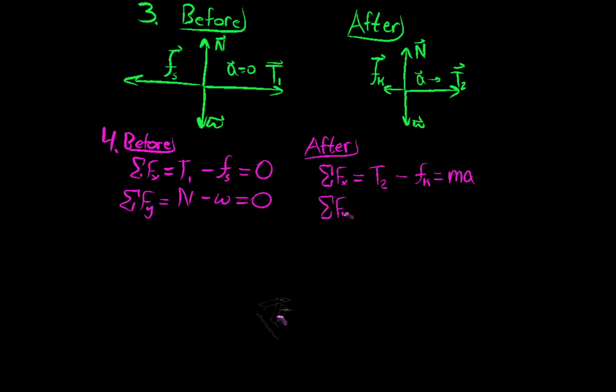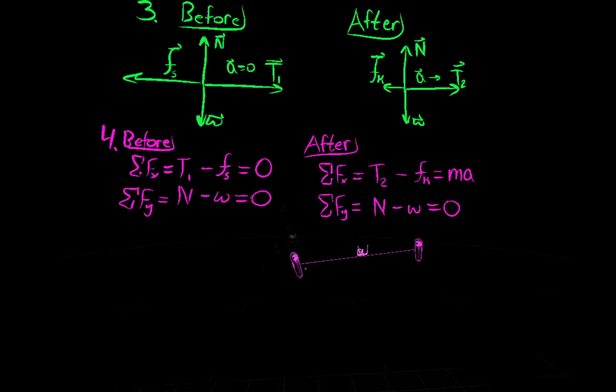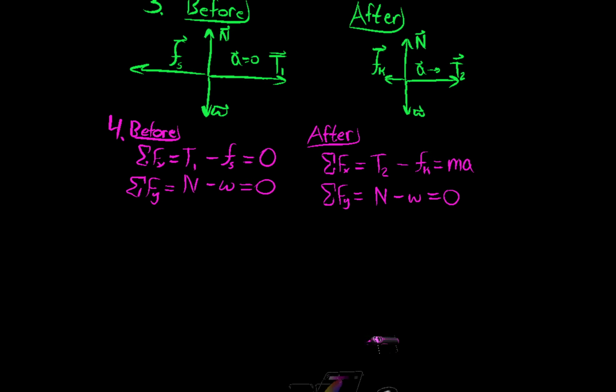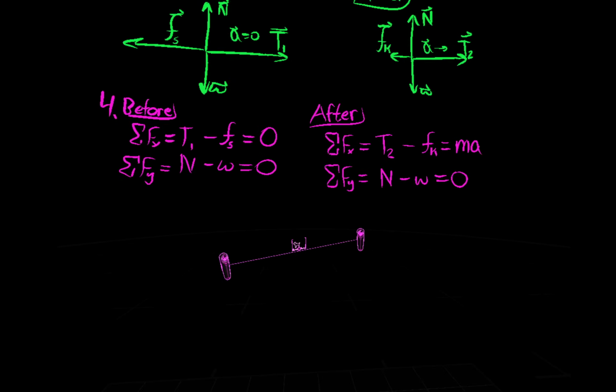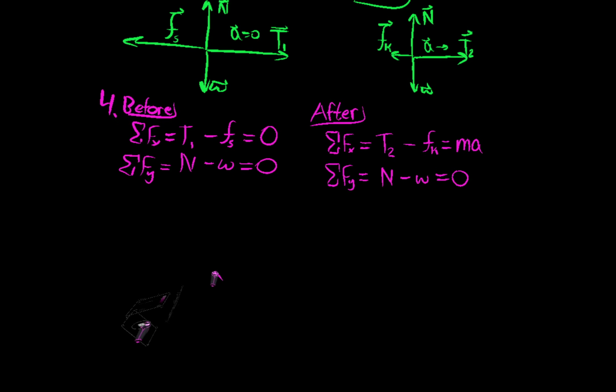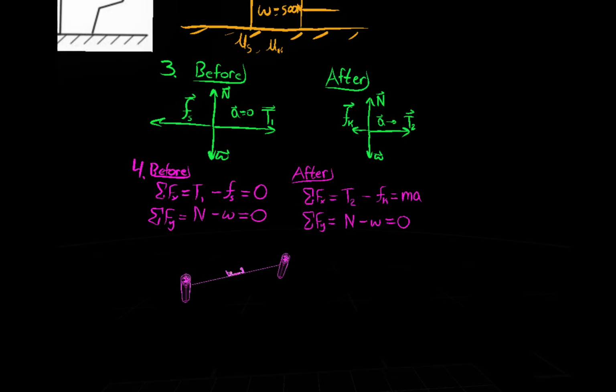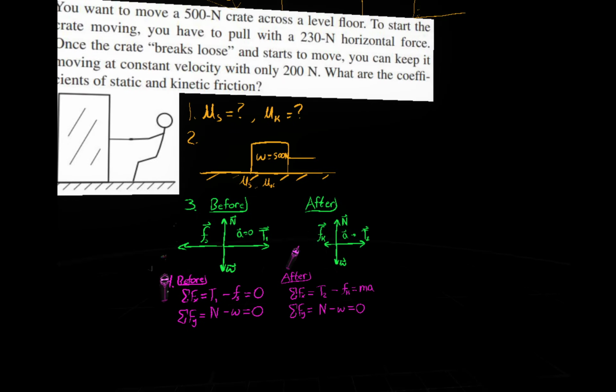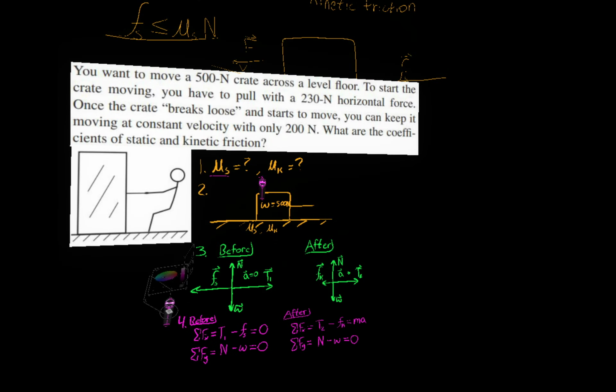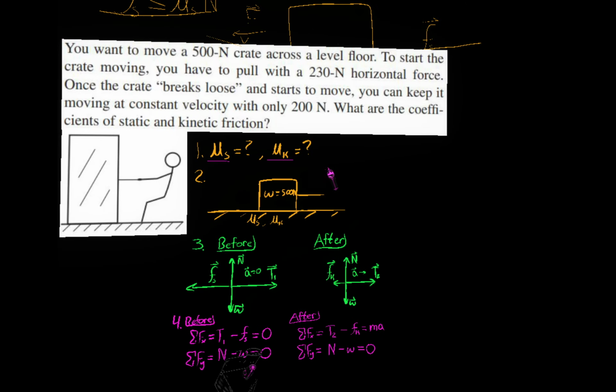And the sum of the forces in the y is equal to the same thing, n minus weight, and that's 0 because it's not going through the floor or flying off the ground. So there's our equations. And let's see if that's enough. So we have, what do we want to find first? We want to find mu sub s and mu sub k, right? And where do those come from?